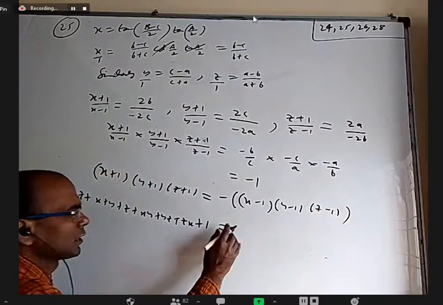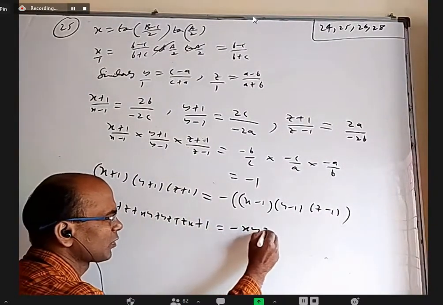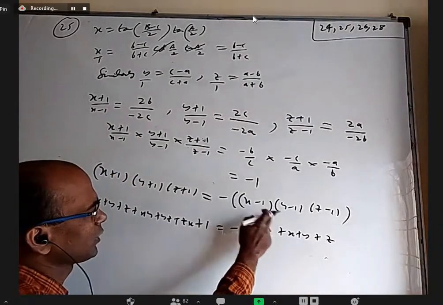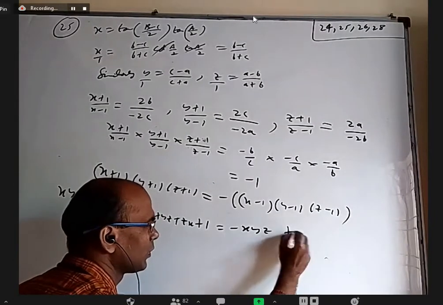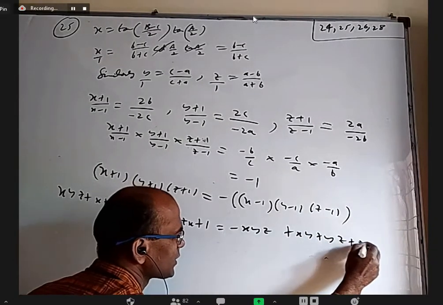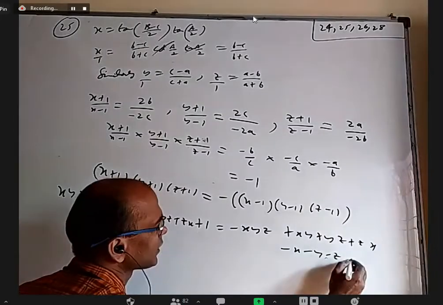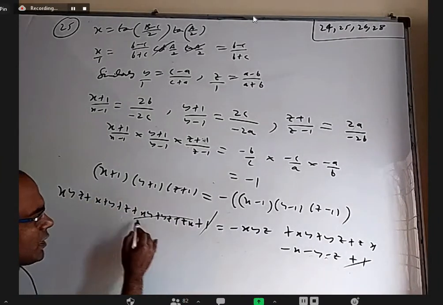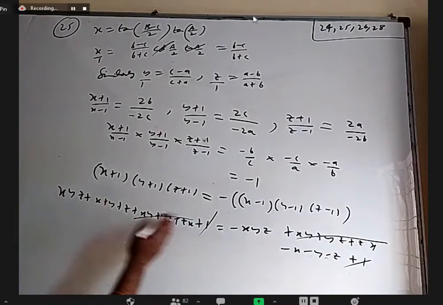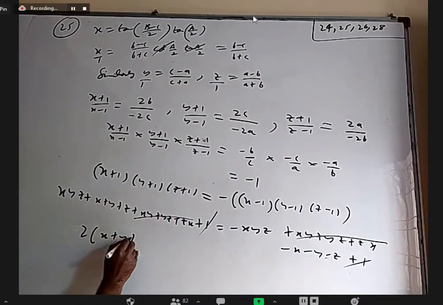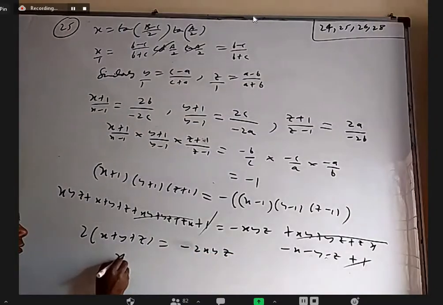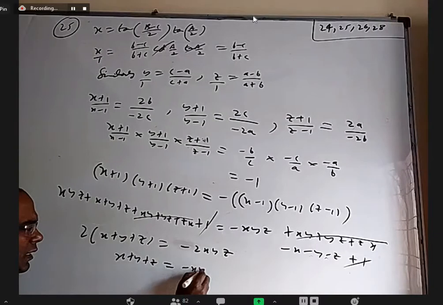When I expand this, including this minus, I'll get minus xyz plus x plus y plus z plus xy plus yz plus zx minus x minus y minus z plus 1. You can see 1 got cancelled. xy plus yz plus zx got cancelled. If I bring this one here, I'll get 2 times (x plus y plus z) is equal to minus 2xyz. So x plus y plus z is equal to minus xyz.